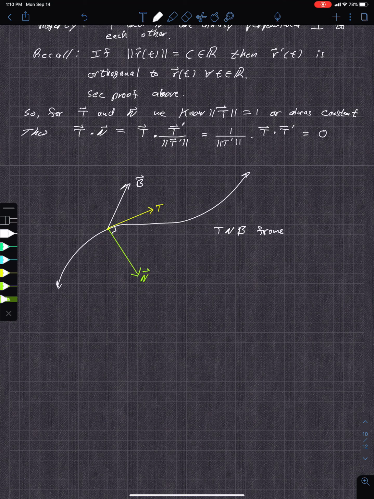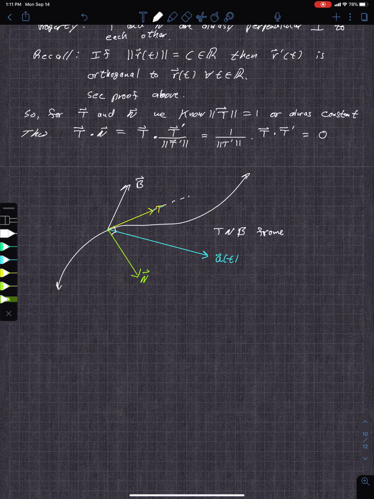We also get the concept that the acceleration vector, which might look like that, always points on the inside. So our acceleration vector a of t is made up of the components of t and n.